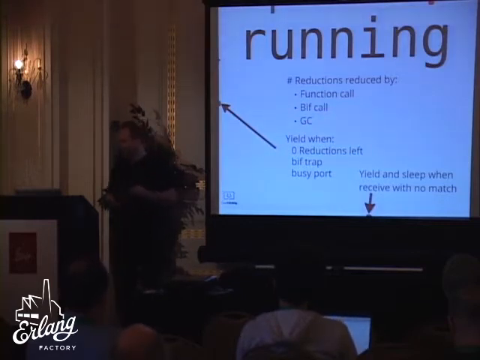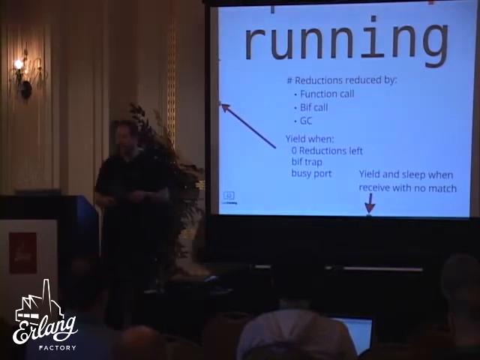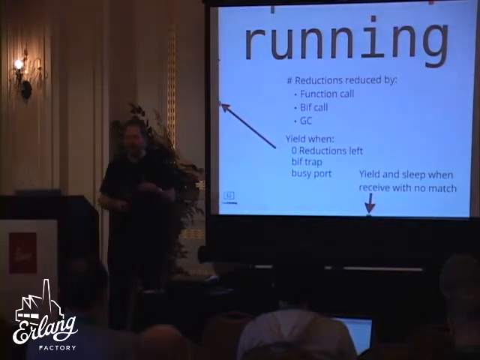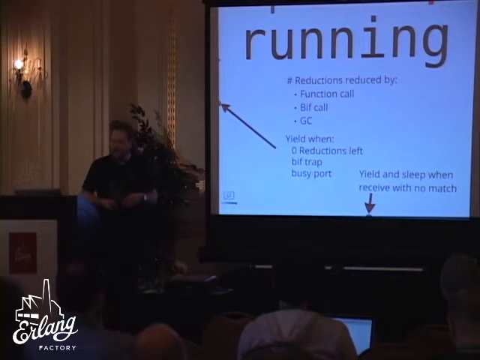And other BIFs is just one reduction and so on. So nowadays, most of them give a good number of reductions that are reduced each time. The garbage collector uses a number of reductions proportional to the amount of garbage it has handled. So it gives a good estimate of the time that it's been using.